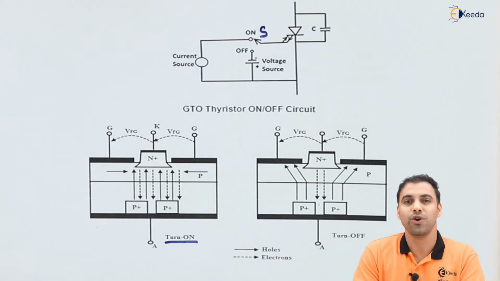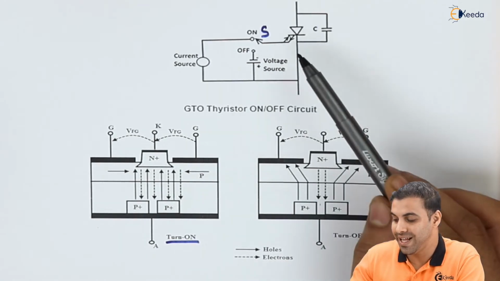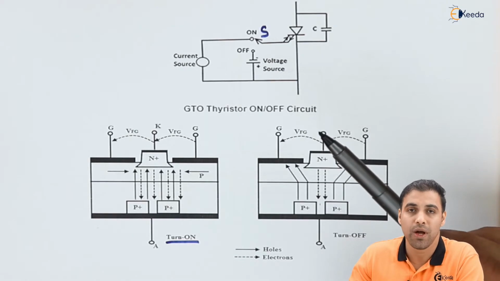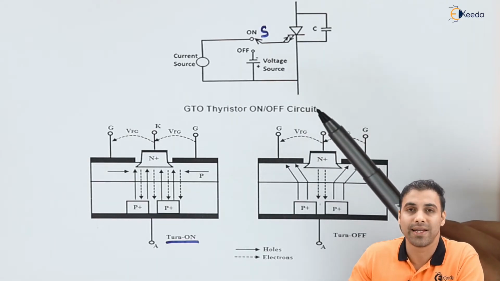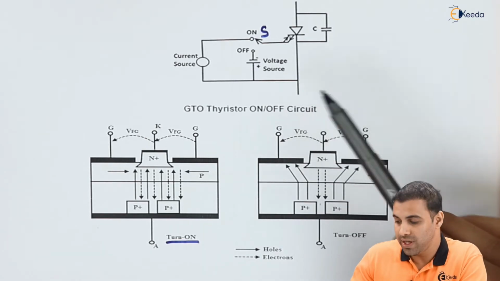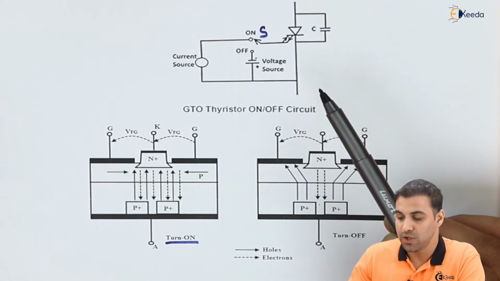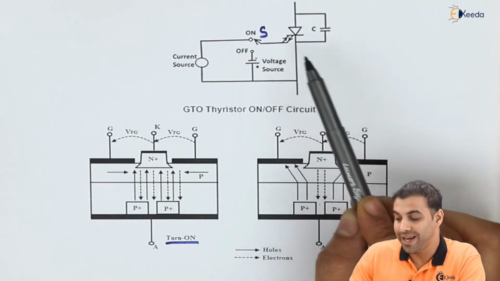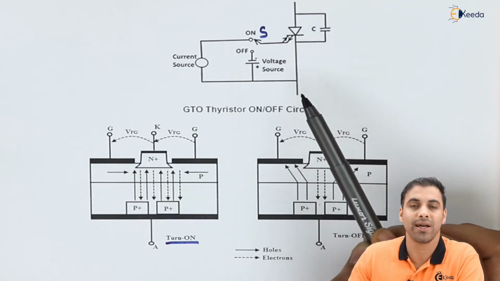So friends, because of using a GTO, by simply applying a negative gate pulse to the gate terminal of the GTO, we can easily stop the thyristor, here meaning the gate turn off thyristor.